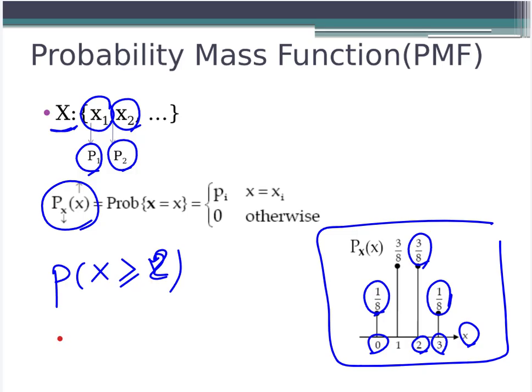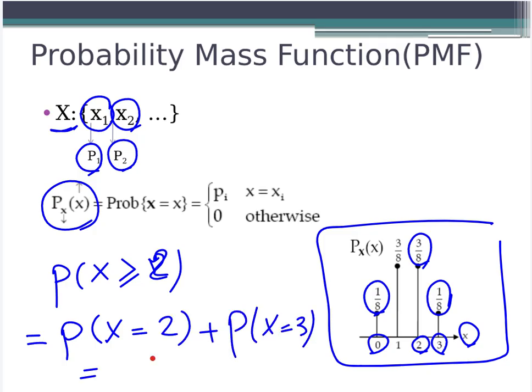We have two probabilities, 3/8 and 1/8. Okay, thanks, very good. The probability that X is greater than or equal to 2 is the probability that X is equal to 2 plus the probability that X is equal to 3. And from the PMF, we have these values.